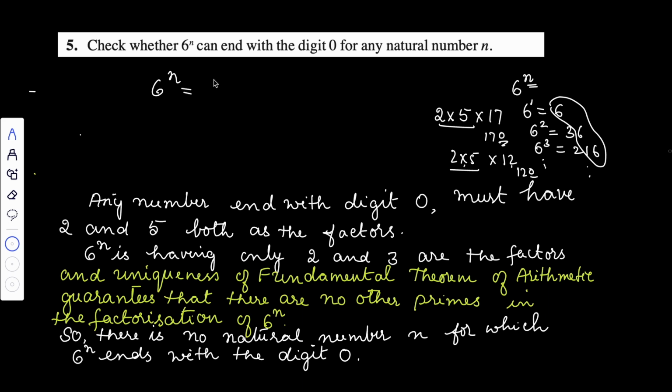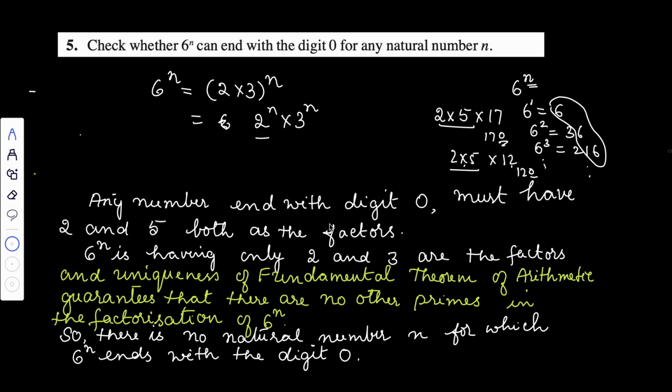I'll find the prime factorization of 6. That is 2 into 3, to the power of n. So we can write 2 to the power of n into 3 to the power of n. Here we can see only 2 is a factor; 5 is not a factor.